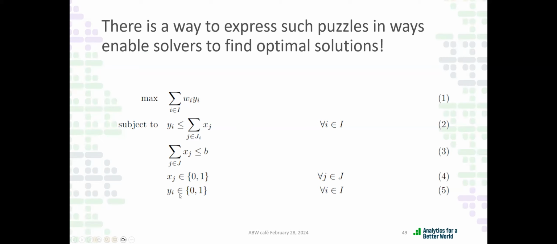I have two decisions that I need the solution to take for me. One decision being represented by X, and one decision being represented by Y. Well, Y says that a specific household, a household indexed in I, is going to be served, yes or no. And for each household, my data tells me what is the head count, that's that Wi of Yi.